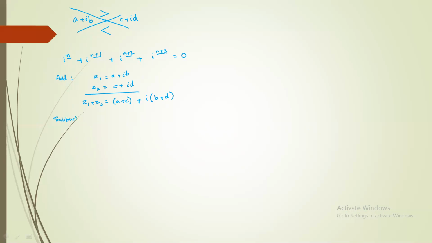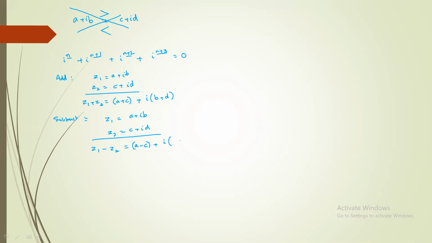Similarly, if you want to subtract two complex numbers, Z1, that is a plus ib, and Z2, that is c plus id, you are doing Z1 minus Z2. So from the real part a, subtract the real part c.